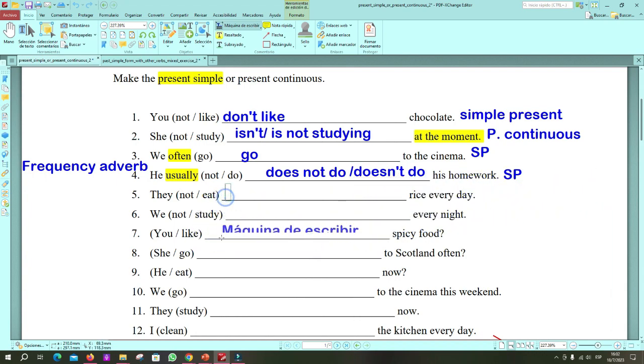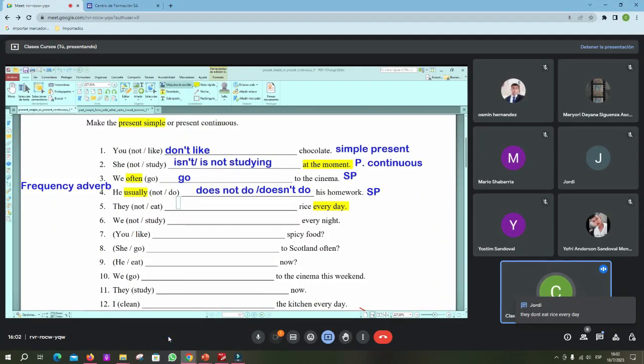What about the number 5? They, not eat, rice every day. What do you think about this one? Also you have here, every day. So you should use what? Simple present or present continuous? Okay, they don't eat rice every day.